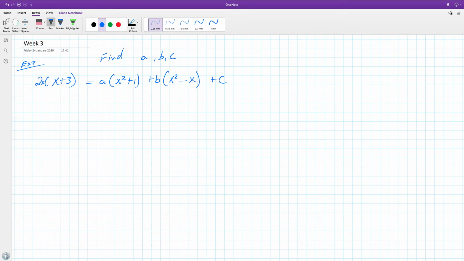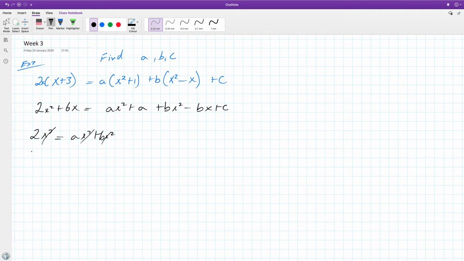Right, so we have 2x by x, 2x squared, 3 by 2x, 6x, ax squared plus a plus bx squared minus bx plus c. So you equate 2x squared is equal to ax squared plus bx squared. Cancel your x squareds. 2 is equal to a plus b.